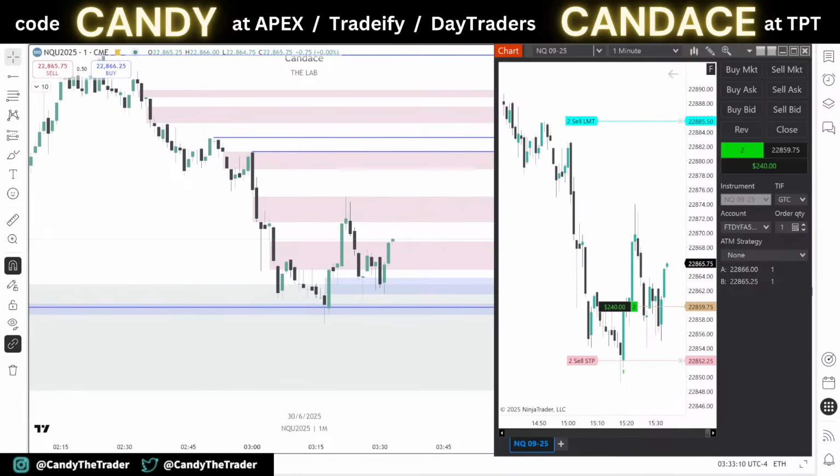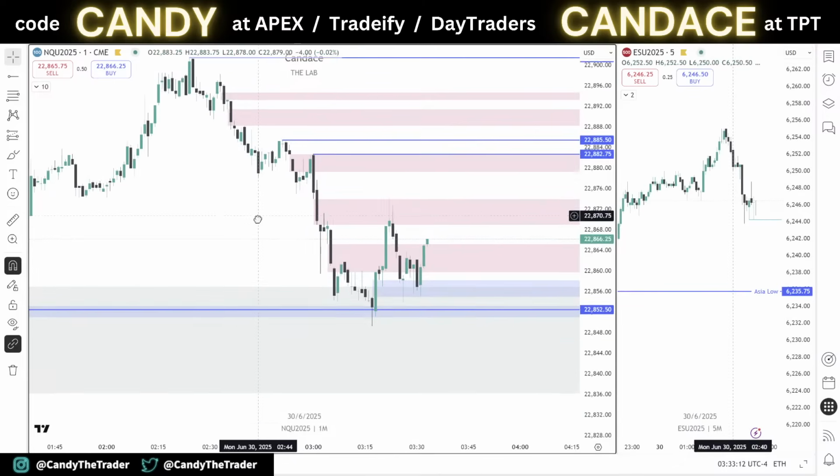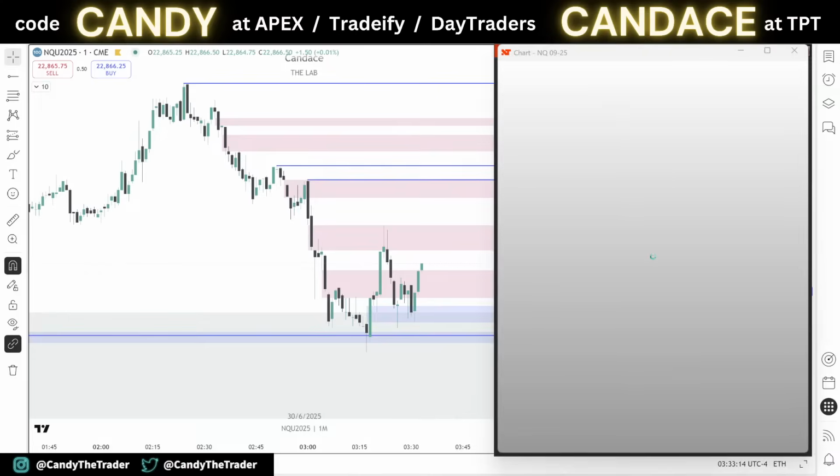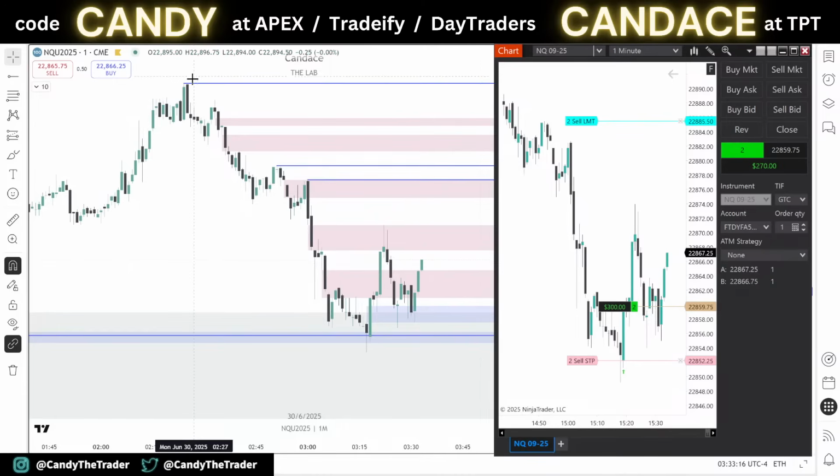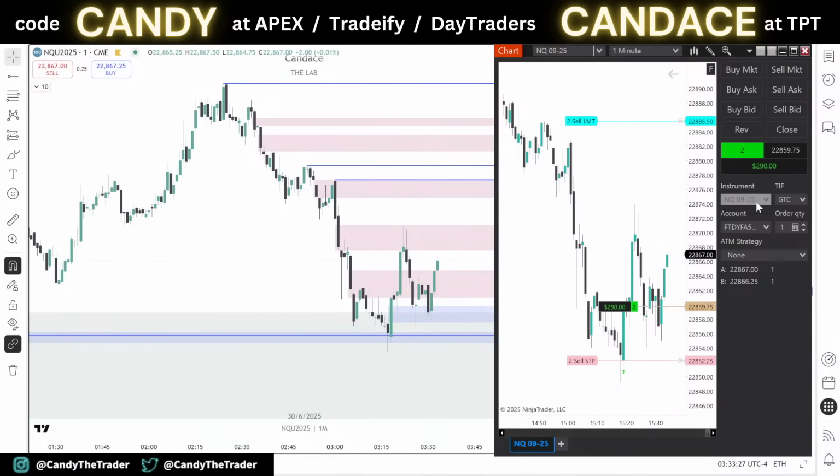Also, someone asked me why I put my TP here instead of at the top, because I'm not looking for a large move for the London session.